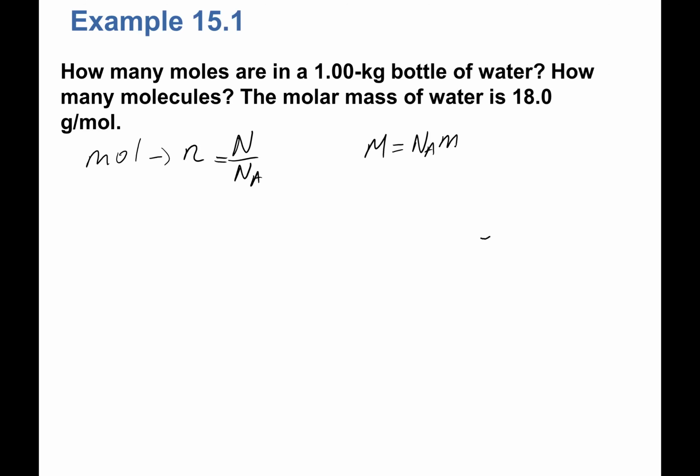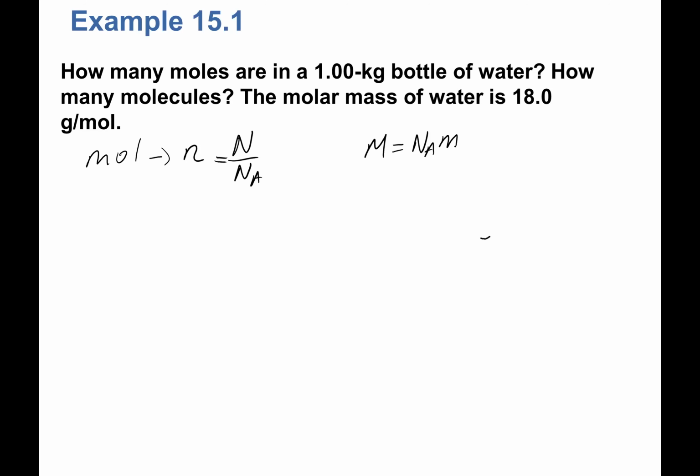So now we can relate those things together. Number of moles is equal to the total number of molecules over the Avogadro number. It's also equal to the mass of the substance over the molar mass of the substance.